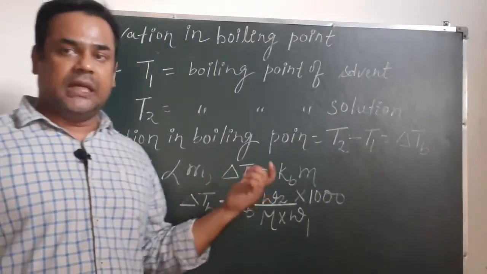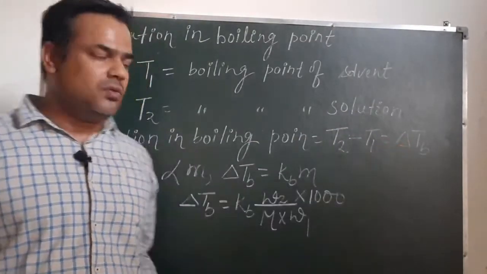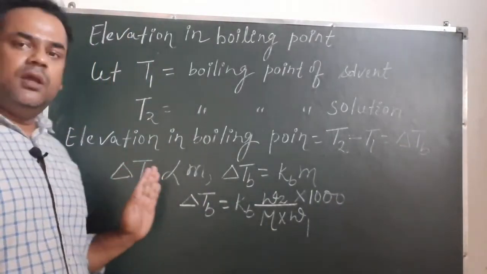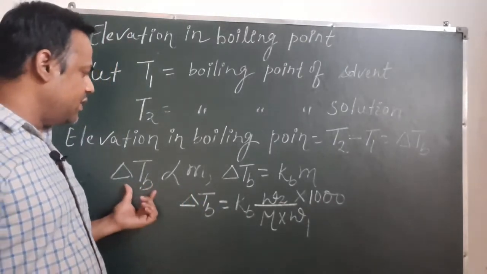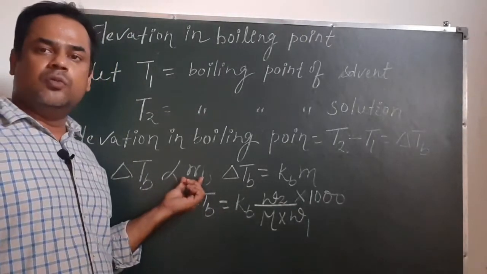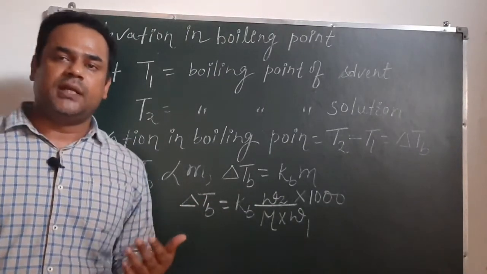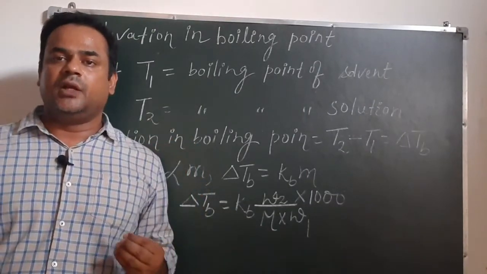So the elevation in boiling point will be T2 minus T1, and that will be equal to delta TB. When we perform the experiment, we come to know that this elevation in boiling point is directly proportional to the molality of the solution. What is molality of solution? Molality of solution is the number of moles of solute present in 1 kilogram of solvent.